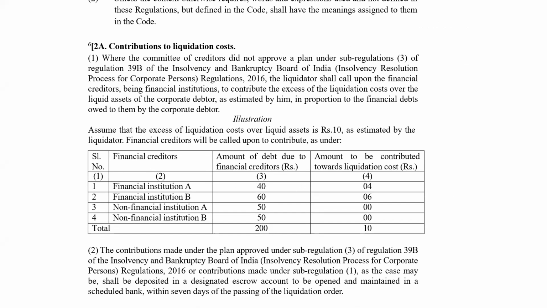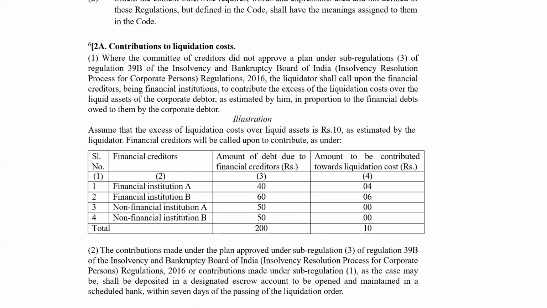So it says the committee is not approving any resolution plan. Now they will make an estimate of what the liquid assets are and what the estimated liquidation cost is. Now, in case the liquidation cost is exceeding the liquid assets, then what will it do?